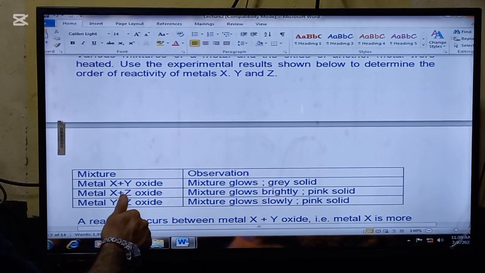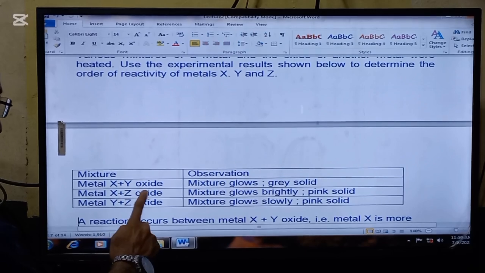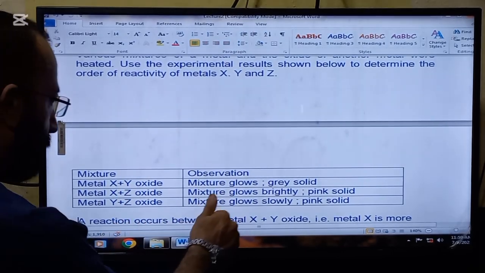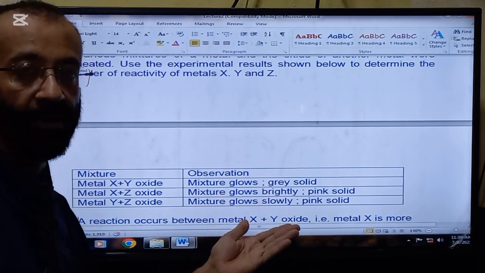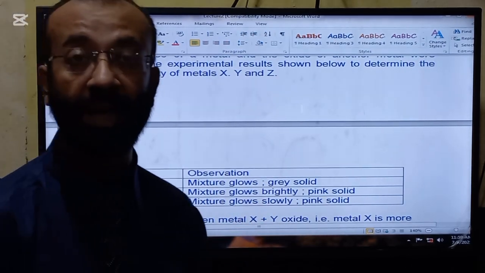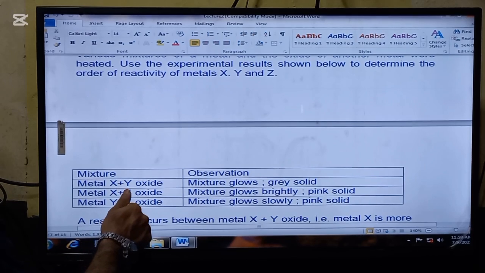When metal X reacts with oxide of Y, observation: mixture glows, gray solid. If the mixture glows, it means a reaction has occurred. So it means metal X is more reactive than Y.